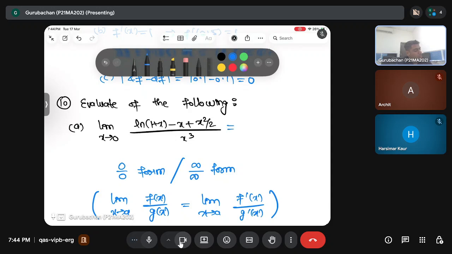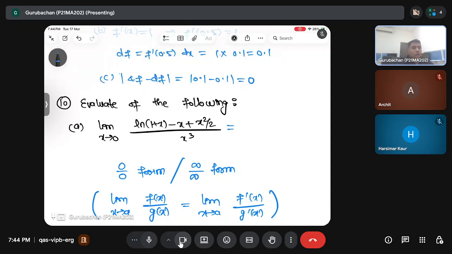Now in this scenario, check, is this 0 by 0 form or infinite by infinite form, or none of them? 0 by 0 form, because ln 1 is 0, so numerator will be 0 and denominator will also be 0.